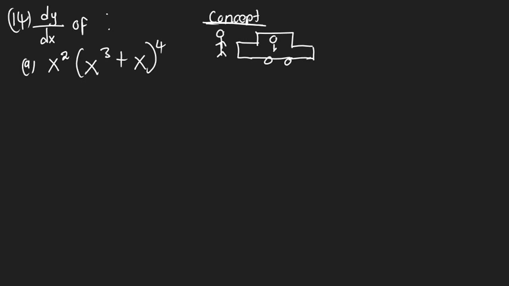Then you have a person who is seated in the vehicle. With the chain rule, you find dy dx of the person outside the vehicle. Then you maintain every other thing. Then you say plus. Then you find dy dx of the vehicle itself. You maintain every other thing. Then you say multiplied by dy dx of the person inside the vehicle.